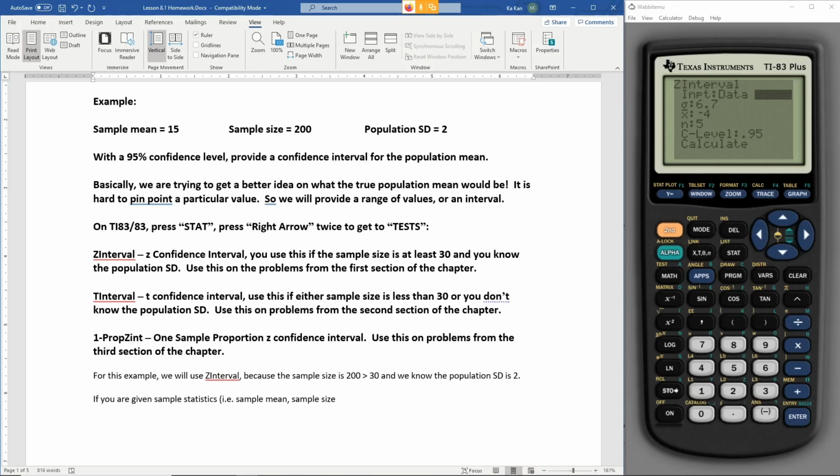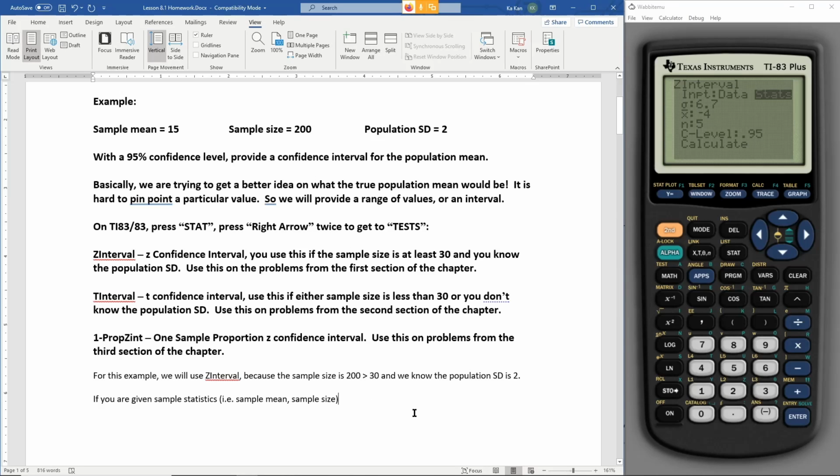If they give you just the sample size and the mean, think about it: it's akin to somebody who already did the survey and comes to you and says, I asked 200 people and the average is 15. Instead of you having to go do the survey and plug in 200 pieces of information.